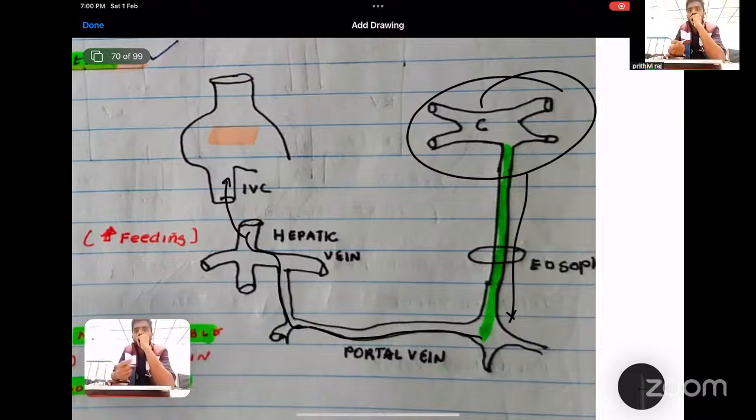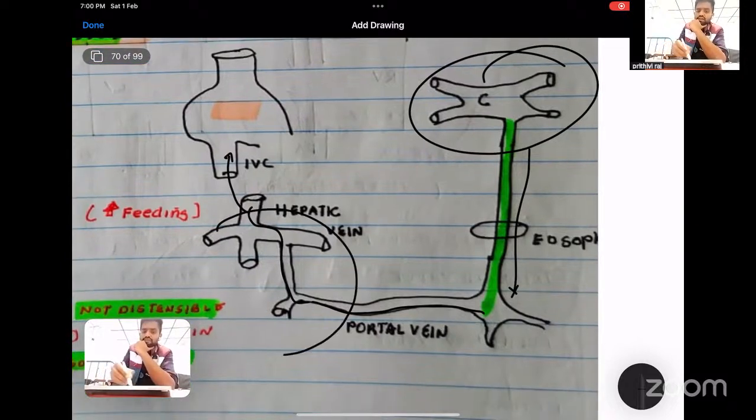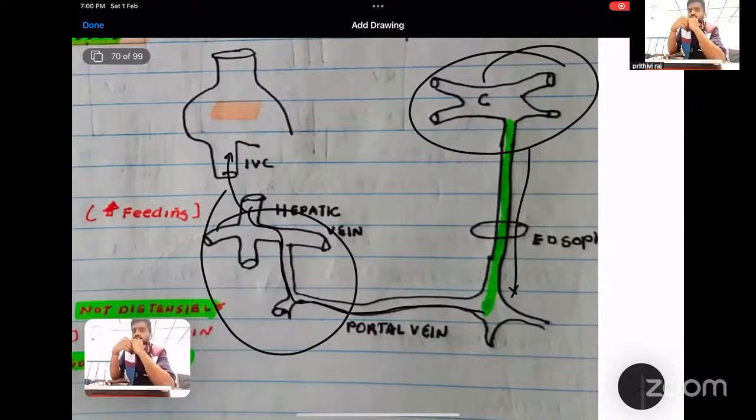Whereas in the supracardiac TAPVC and cardiac TAPVC, they drain via the sinus venosus and coronary sinus, and supracardiac via the SVC. But your infracardiac will drain into the IVC via this pathway. But in this pathway, to keep patency for the blood flow, you require something else, because at the hepatic vein to portal vein connection, there is one thing called the ductus venosus.